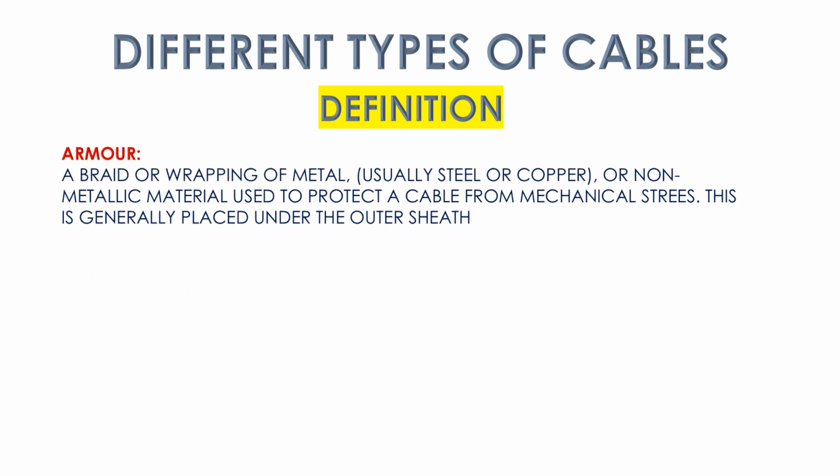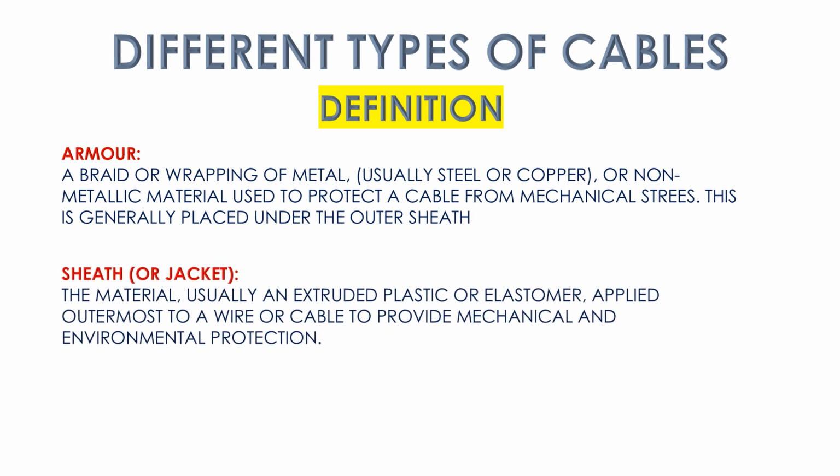Armor. Armor is a braid or wrapping of metal, usually steel or copper, or non-metallic material used to protect a cable from mechanical stress. This generally falls under the outer sheath. How about the sheath or jacket? The material is usually an extruded plastic or elastomer applied outermost on a wire or cable to provide mechanical and environmental protection.